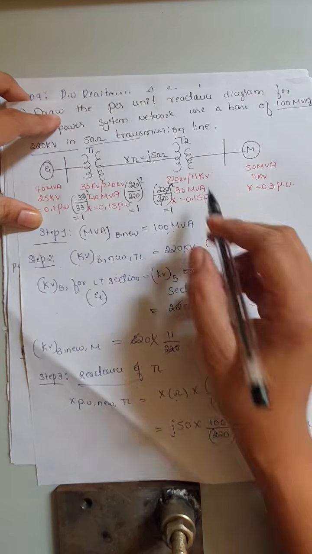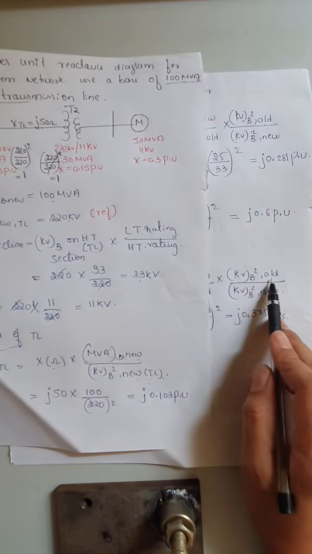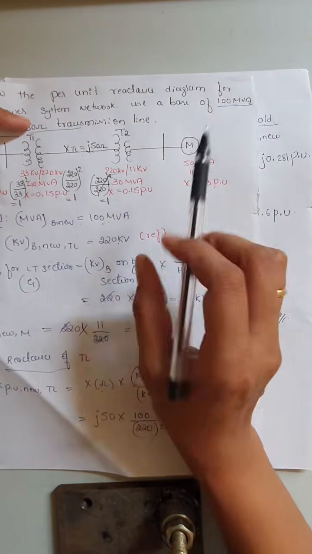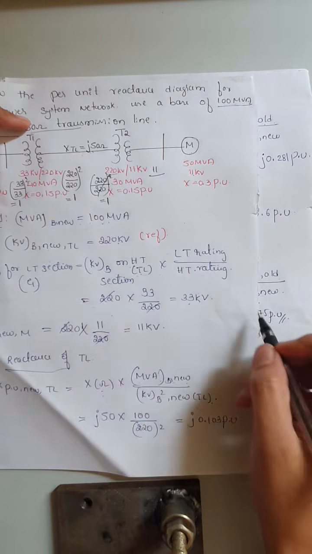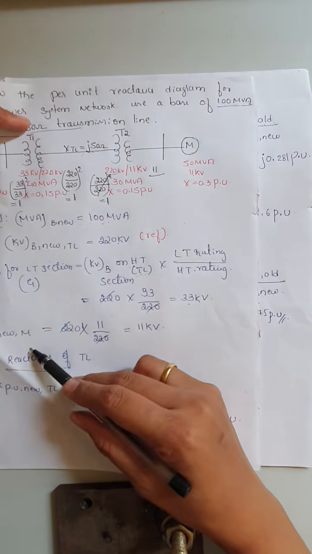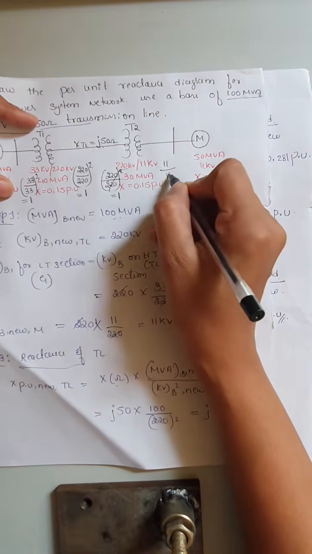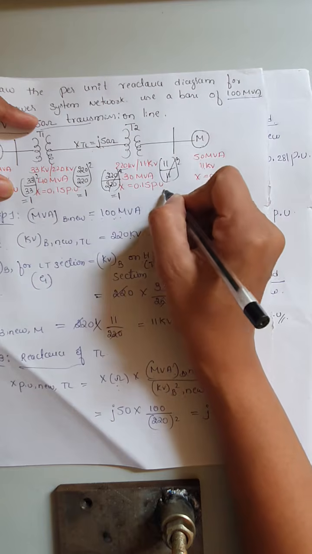Next, similarly cross check for the secondary side. The kilovolt base square old value, old is nothing but the given data, is again 11, and this secondary is connected to the motor. The motor new value, kilovolt base new, is again 11 kilovolt. So 11 by 11, again you will get the answer as 1.